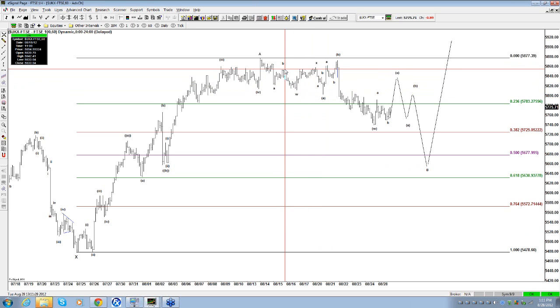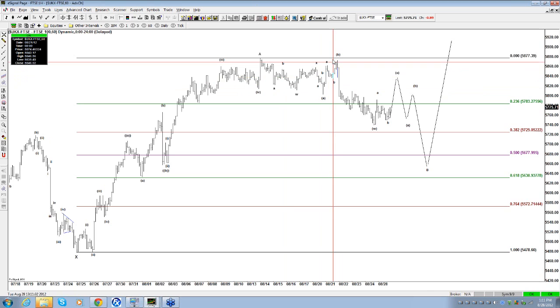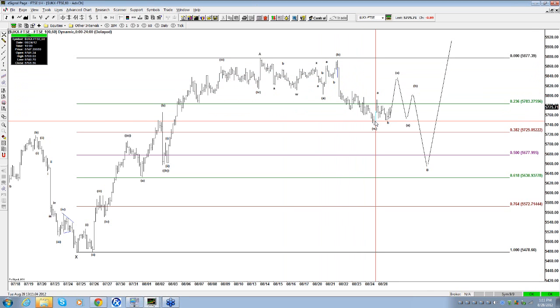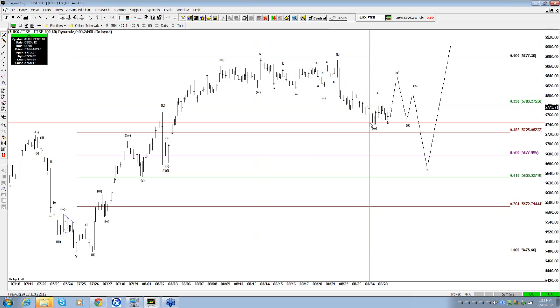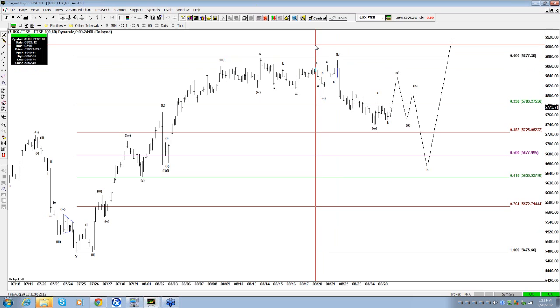This is higher than this one, so it's not a 5 ways, 3 backs, and 5 ways lower in a flat. Meaning, translated in simple Elliott Wave, that 3 ways out of the top makes one thing, continuation sooner or later of the trend.